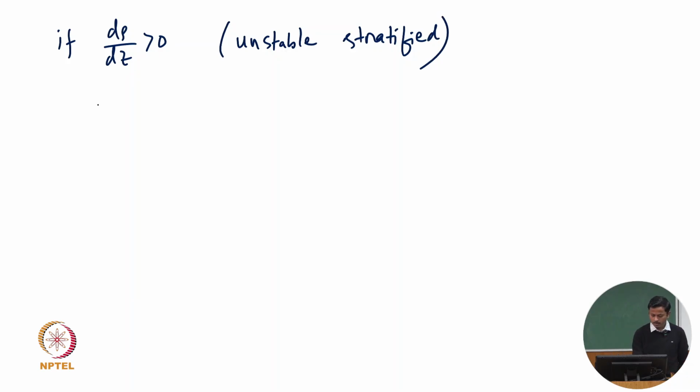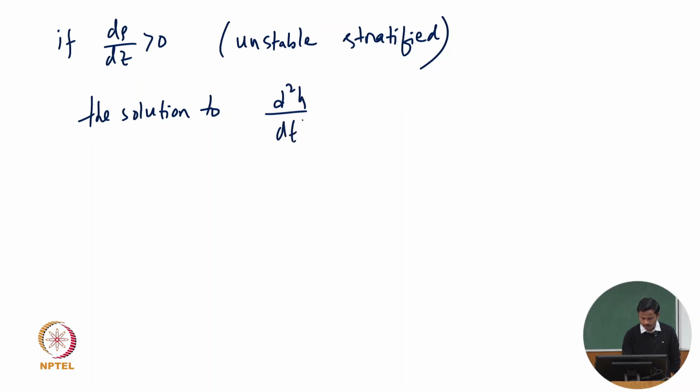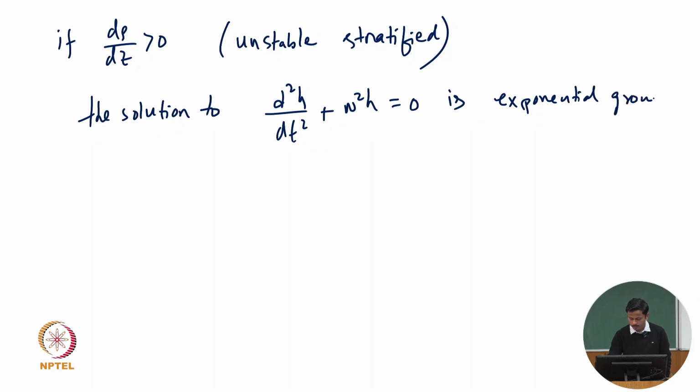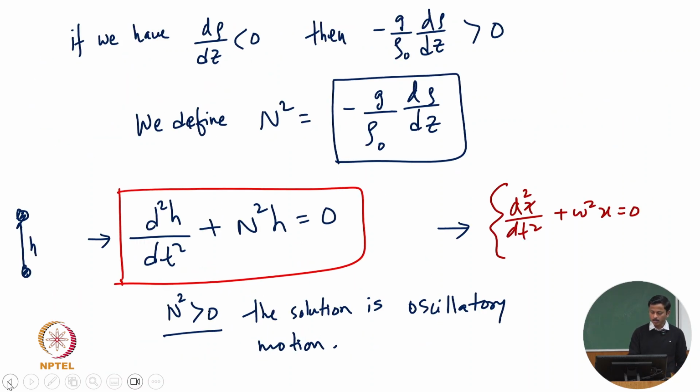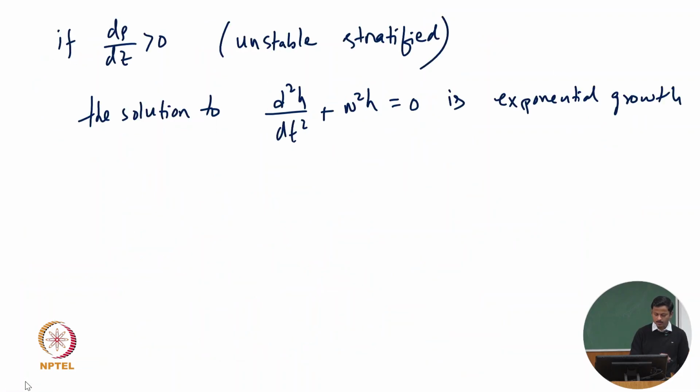The solution to d squared h by dt squared plus N squared h equal to 0 is exponential growth. Because we have defined N squared to be minus g by rho d rho by dz, see that an exponential growth is satisfied with d rho by dz being greater than 0. So in the unstable case there is an exponential growth, that is, the system rearranges itself.